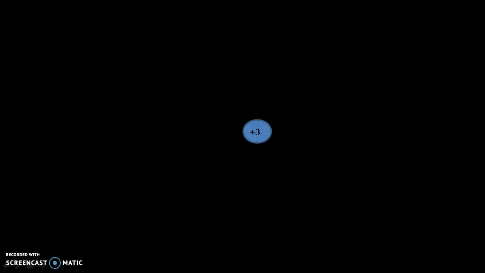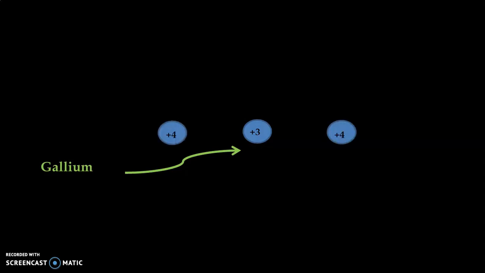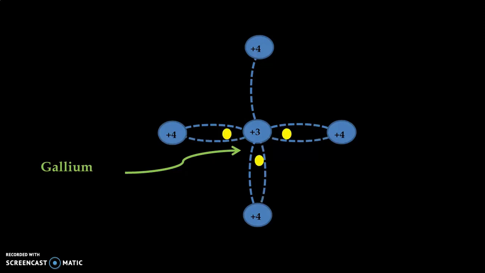One atom of gallium is added as a trivalent impurity element in pure germanium or silicon. So gallium has 3 valence electrons in its valence band or outermost orbit. So it is making covalent bond with other 3 valence electrons of the silicon or germanium.